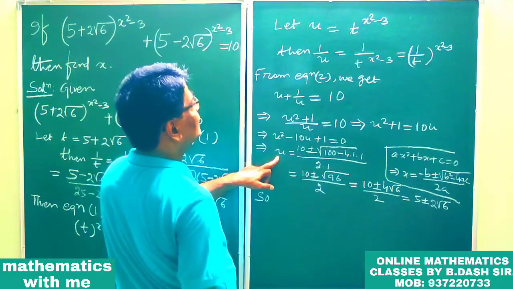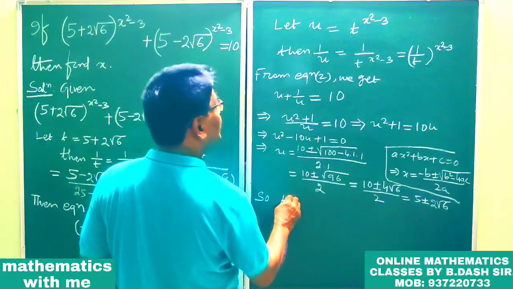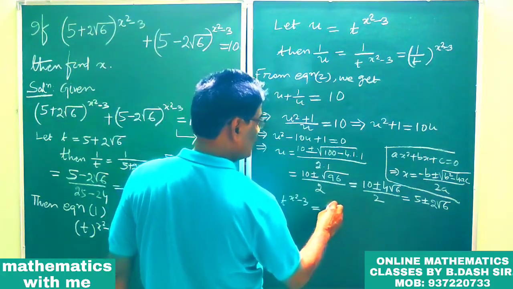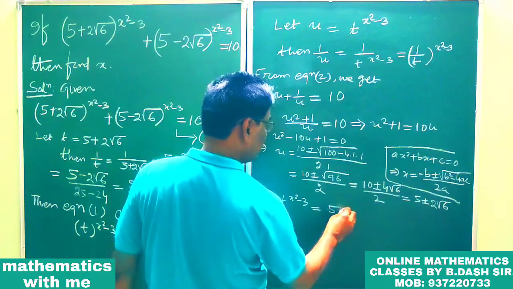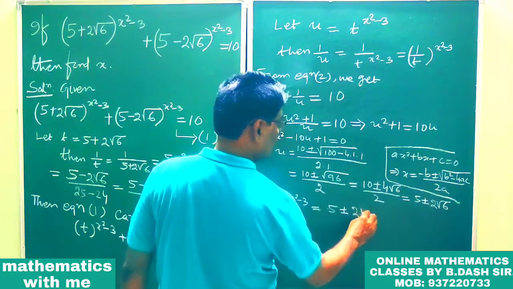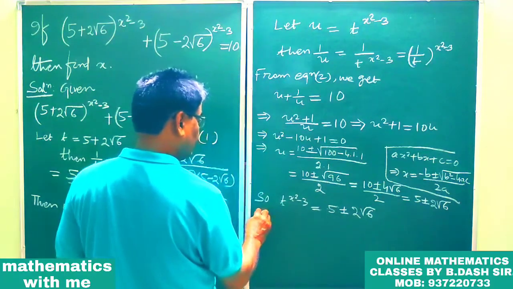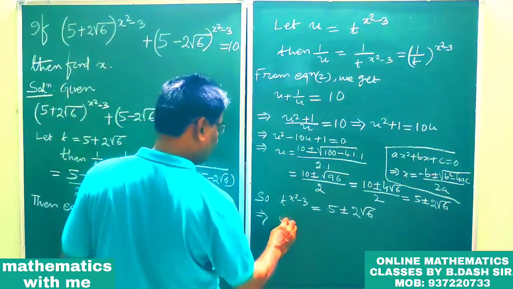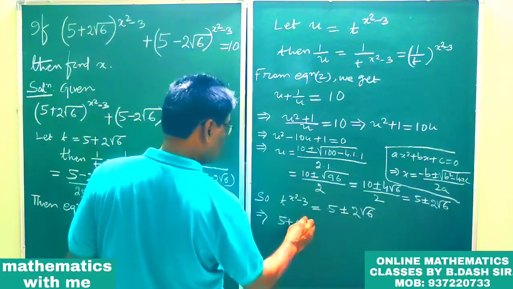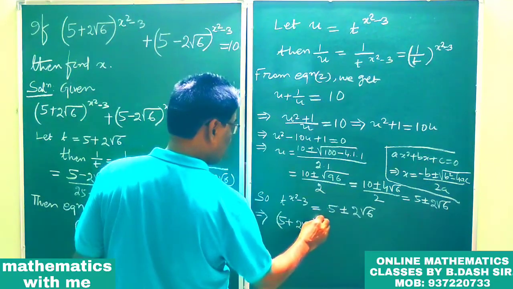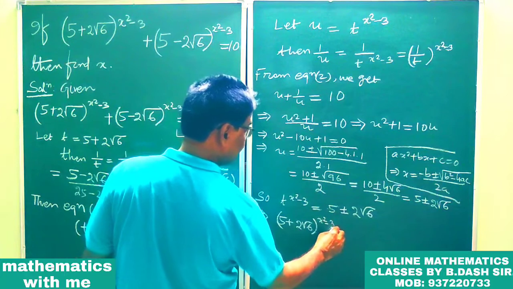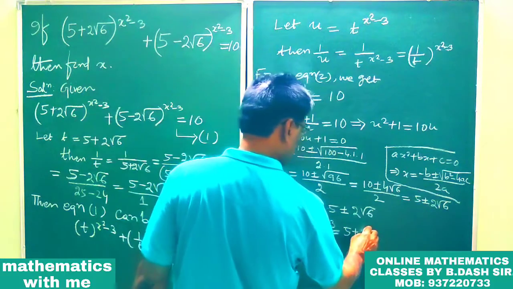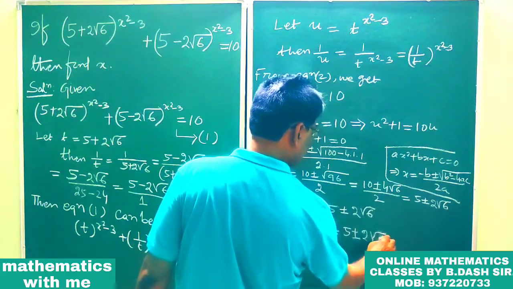So u is equal to t to the power x square minus 3, which is equal to 5 plus minus 2 root 6. This implies again, t is equal to 5 plus 2 root 6, to the power x square minus 3 is equal to 5 plus minus 2 root 6.